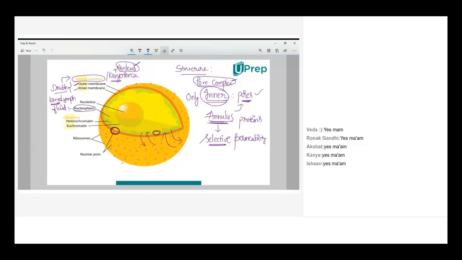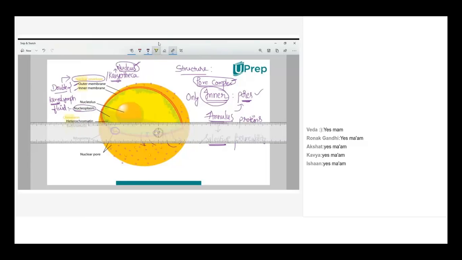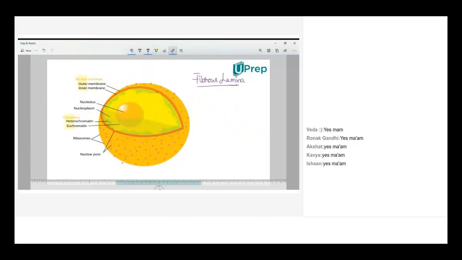Then inner membrane also carries some other specificity. So here if you take, I'm just drawing on the diagram, observe. The inner membrane shows some lamellar structures like this.